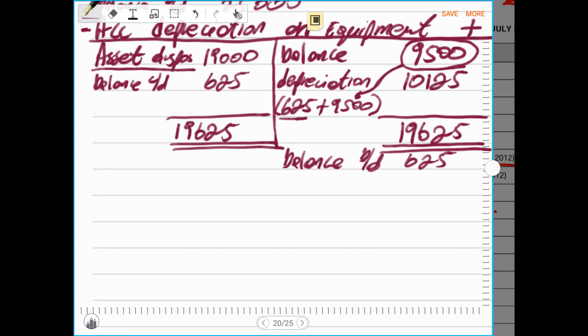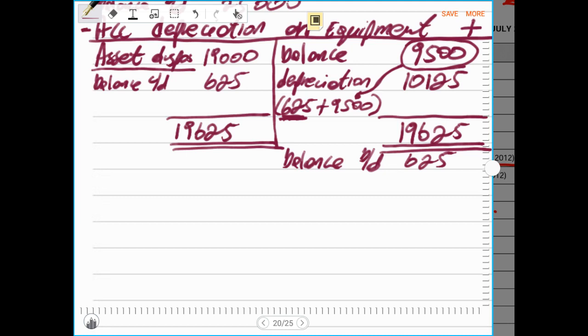And you see the balance is only the one of 625 for the new equipment C, because the old equipment, which was costing 95,000 rands, was all sold. The minute it is sold, we must also remove the total accumulated depreciation until the date that asset was sold.